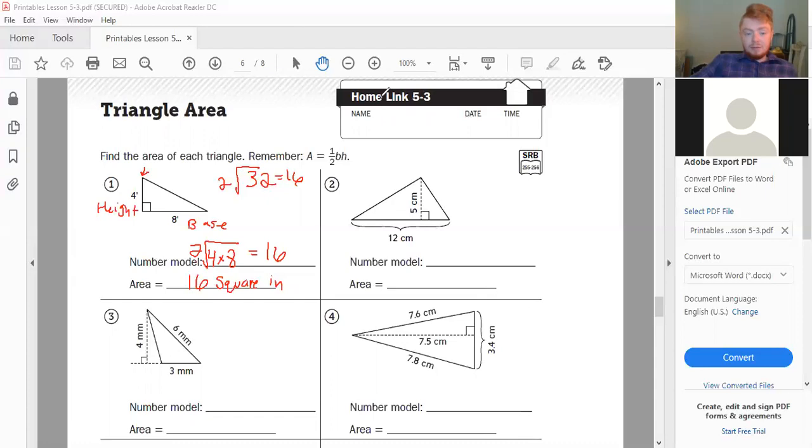All right, good job. Next one. Again, we're doing base times height, and here's our height. For a triangle, it's always the mountaintop, and then base is the flat part. Who can help me with this one? Other than Siwan, since he just did the whole first one.